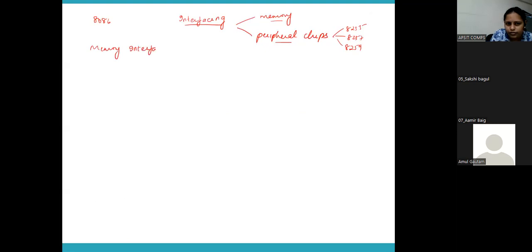Okay, so interfacing does not simply mean connecting peripheral chips or memory with 8086. See, when you're connecting, there are a lot of other things which are involved. You know that 8086 has only a 20-bit address bus, right? And you can interface lots of peripheral chips with 8086. So right now, with your computer, you have a keyboard connected, you have a mouse connected, and you have a lot of other peripheral chips also connected.